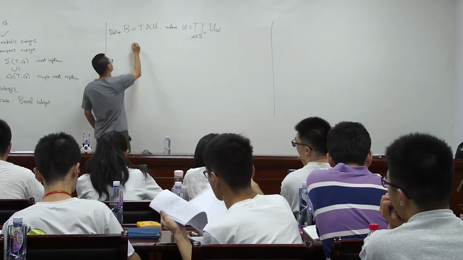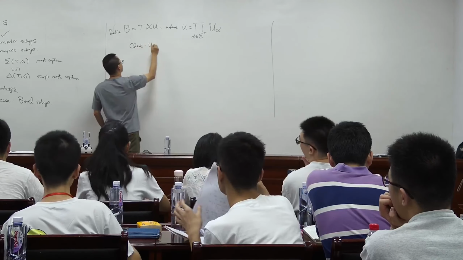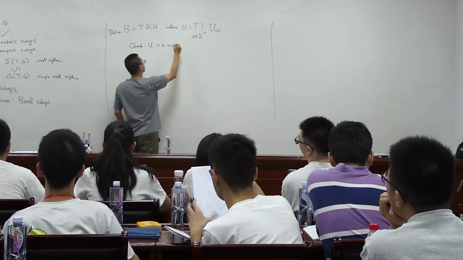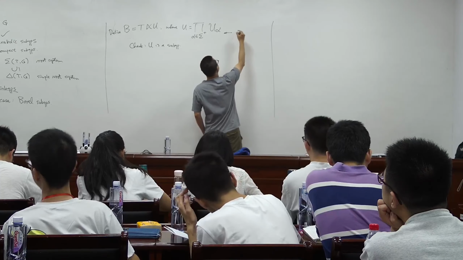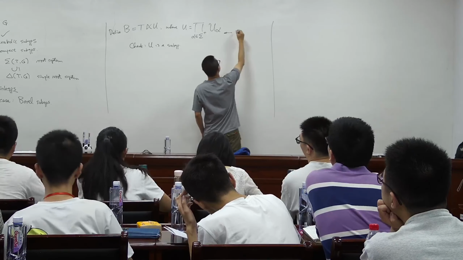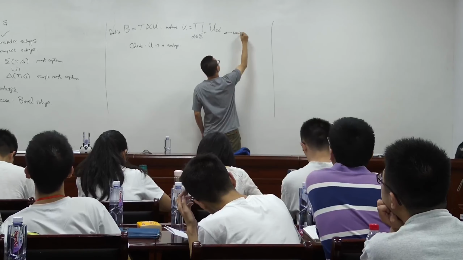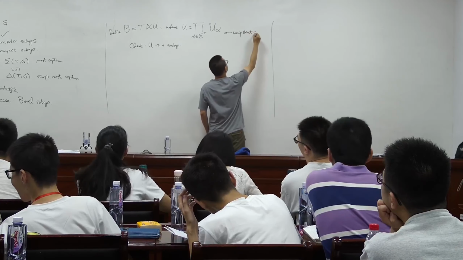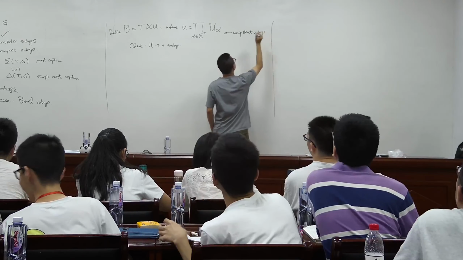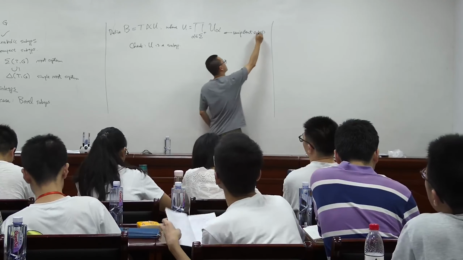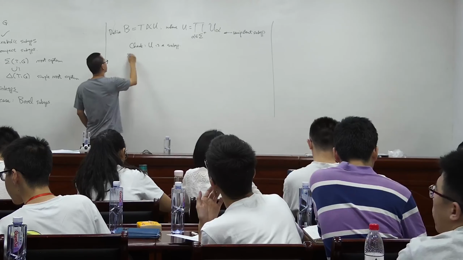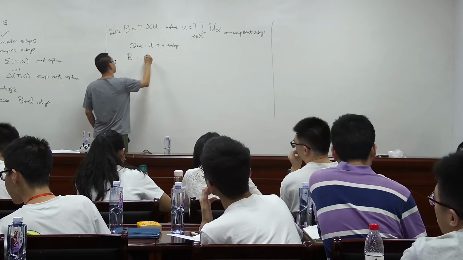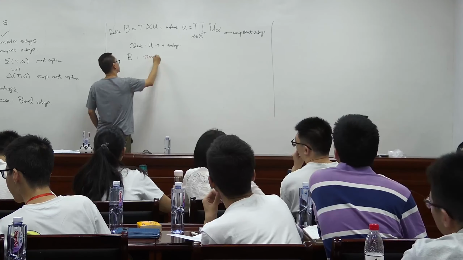You can check U is a subgroup. This is usually called the unipotent subgroup of B, and this B is called the standard Borel subgroup.